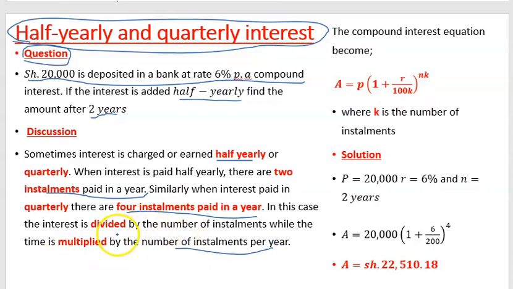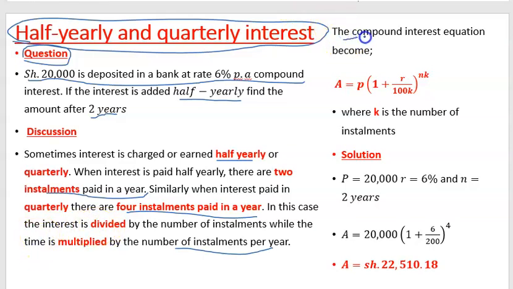So when it's done half yearly, quarterly or monthly, the rate is going to be divided by the number of installments, and then the time is going to be multiplied by the number of installments.